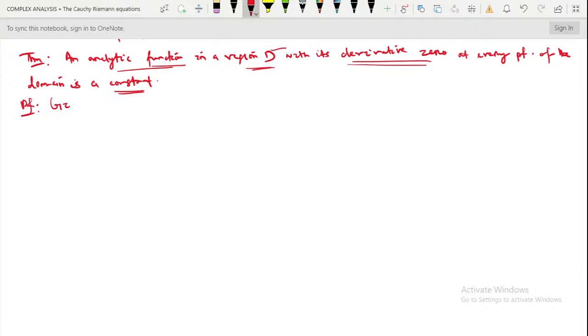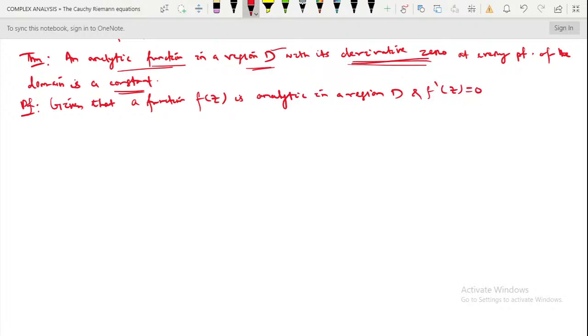So we are given the function f of z. This is analytic in a region D, and f dash z is equal to 0.